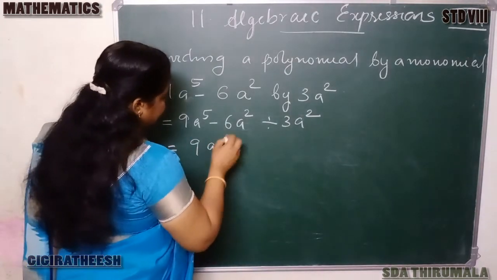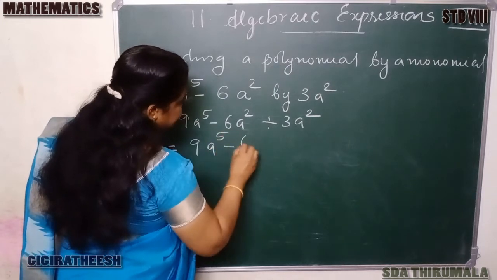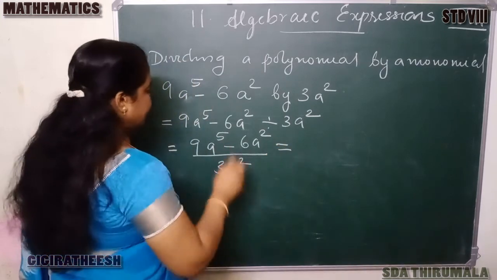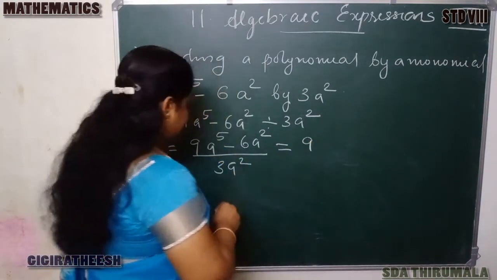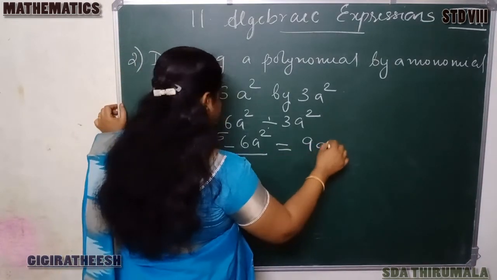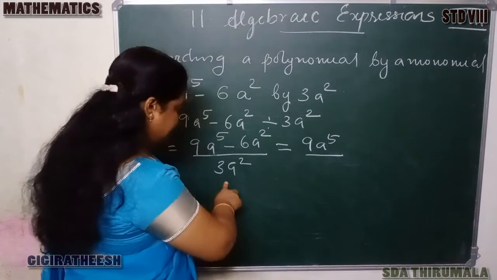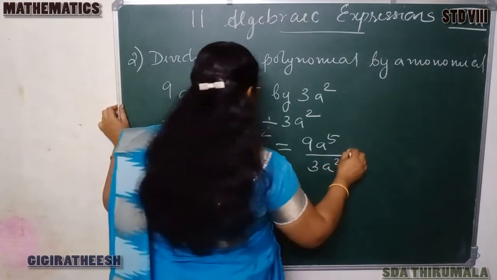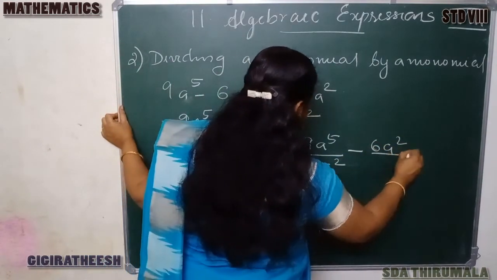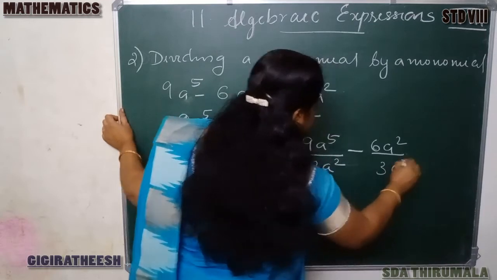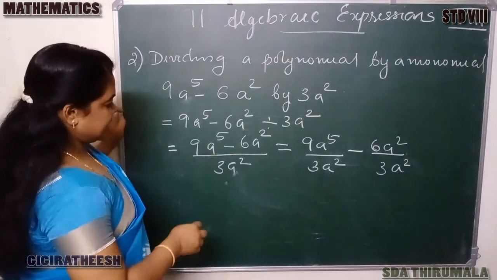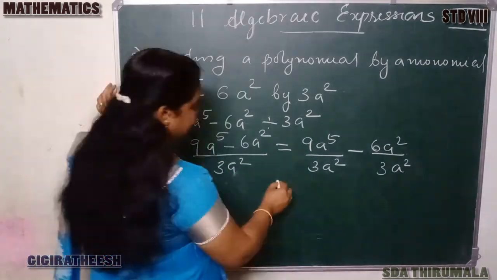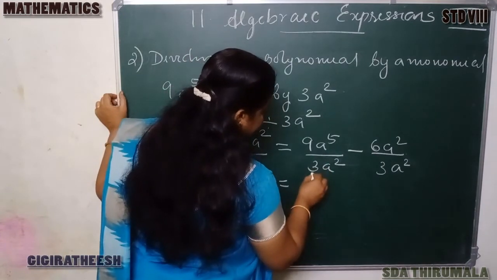We can write it in a by b form, and separate it into the two terms: 9a raised to 5 divided by 3a squared, minus 6a squared divided by 3a squared. Then dividing this, we can divide by 3.